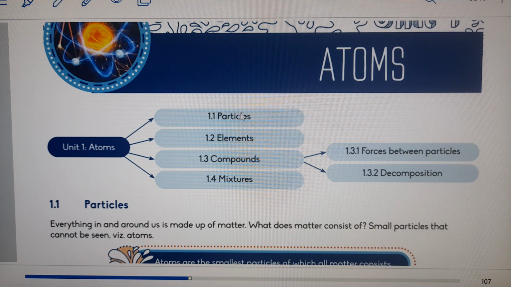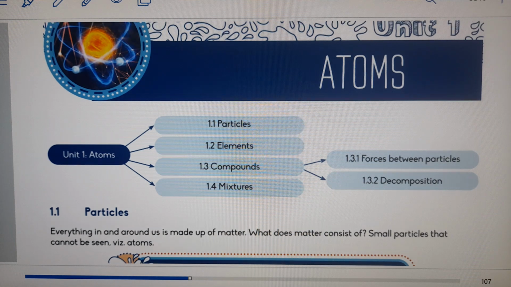In the first lesson we covered 1.2, 1.3, 1.31, 1.32 in lesson number 2, and today we are going to cover 1.4, which is mixtures, and will be the third lesson, and that will be the last lesson for unit number 1.